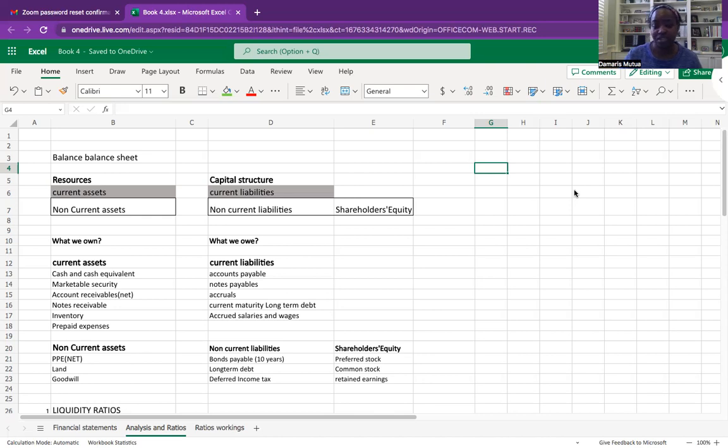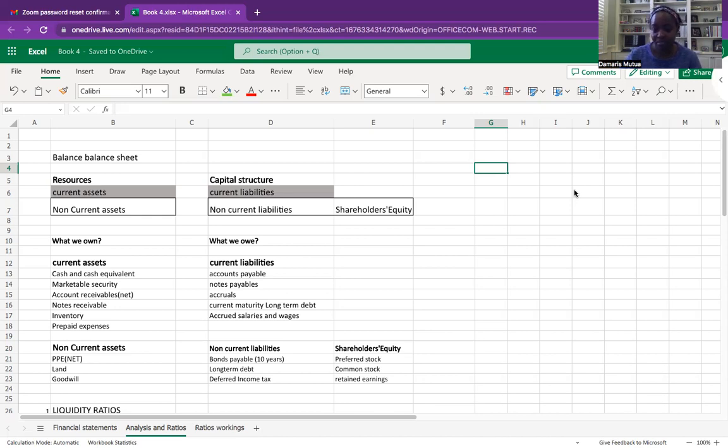So that is a liability to us. The current portion of the long-term debt. We know long-term debt will be paid for more than 1 year, but there is the current portion that needs to be paid in the current operating cycle. Accrued salaries and wages. We could have salaries and wages that we haven't paid. That is not our money. We need to accrue them and pay them in the next operating cycle.